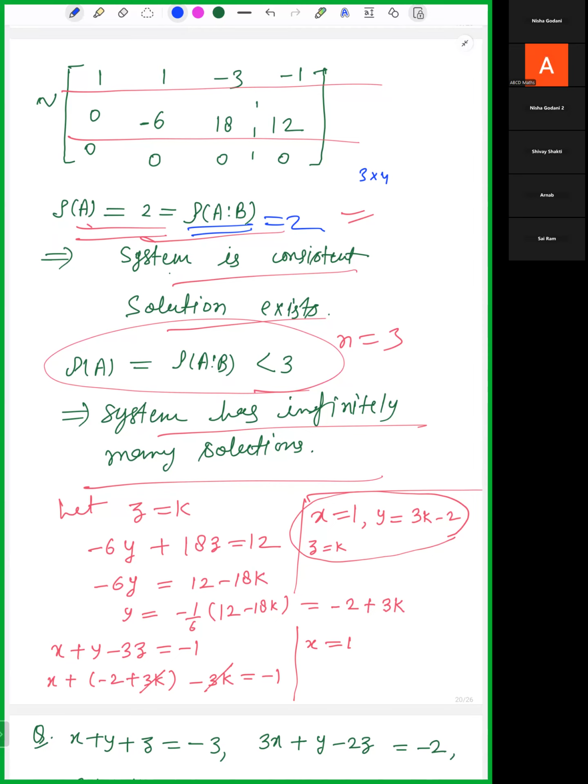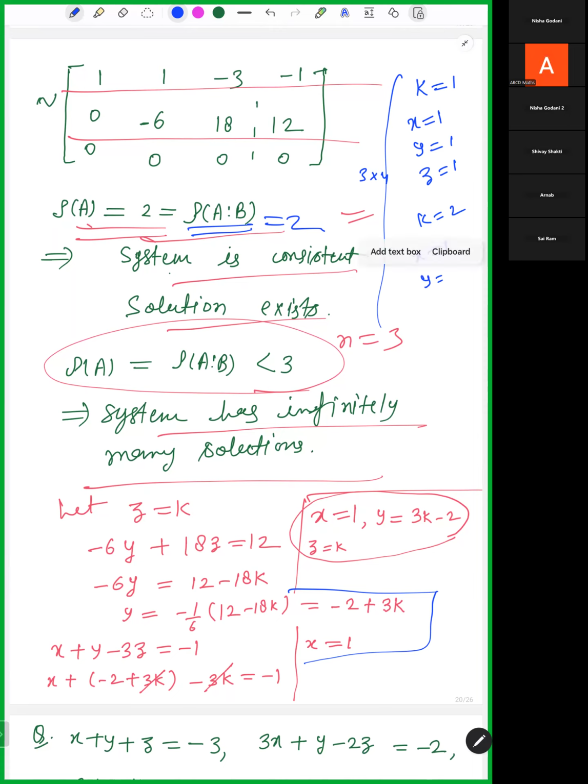Now this k can have infinitely many values. That is why you have infinitely many solutions. How? See, suppose I take k equal to 1. So your solution will be x equal to 1, y equal to 1, z equal to 1. If I take k equal to 2, x will be 1, y will be 6 minus 2, which is 4, and z will be equal to 2.